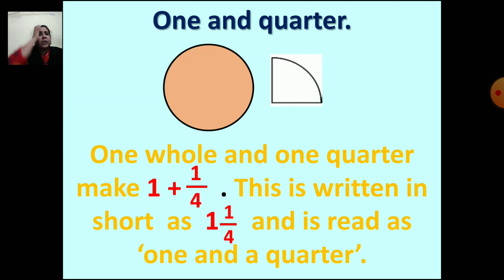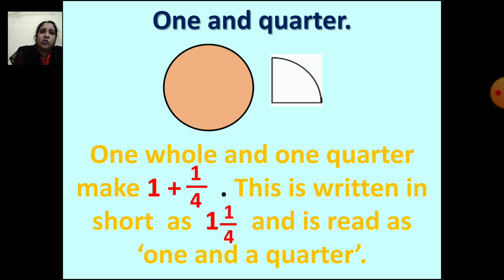Now here you can see 1 and a quarter. Here one whole circle is shown and a quarter part is shown. Right? One whole and one quarter make it. Now for one whole what will you write? 1 plus, and how are you going to show the quarter? 1 upon 4. This is written in short as 1 1/4 and is read as 1 and a quarter.